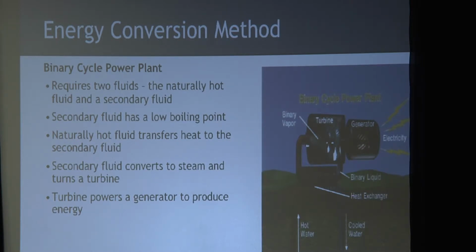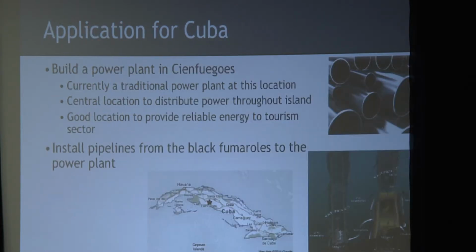The secondary fluid has a low boiling point, which in this case we were looking at maybe acetone or butane, something that has a very low boiling point. The secondary fluid converts to steam and turns the turbine. The turbine power then generates energy, as seen in that right-hand side picture.